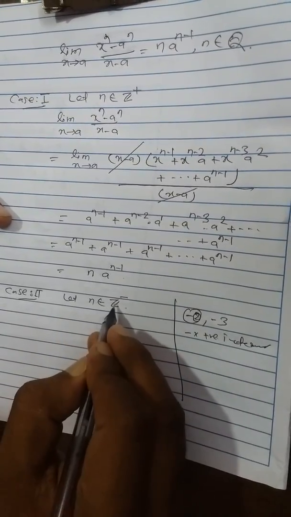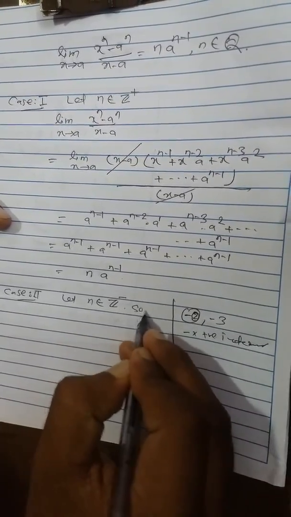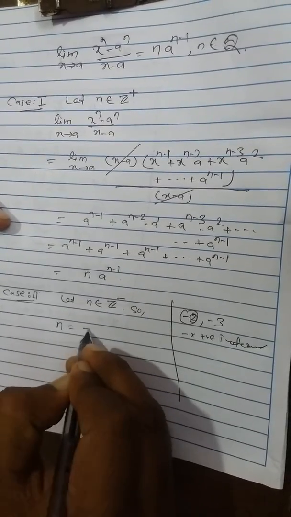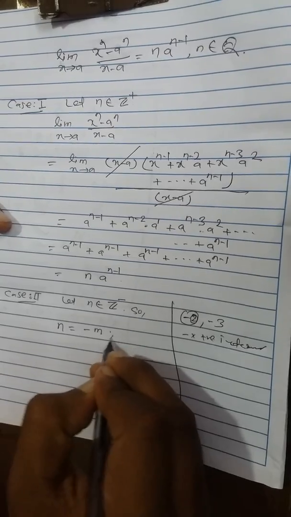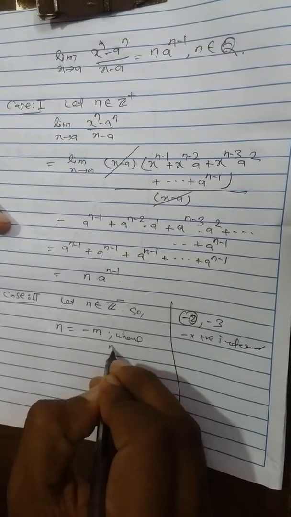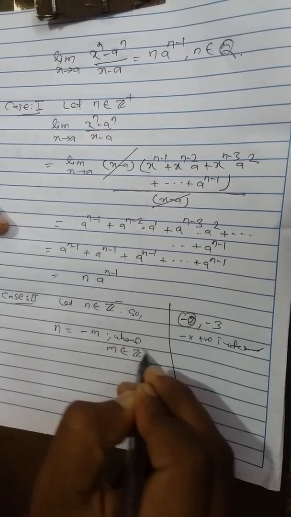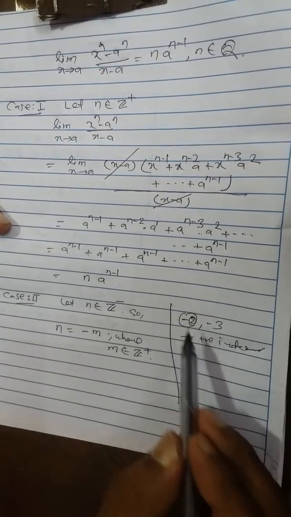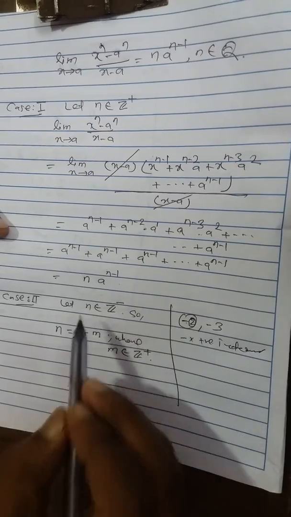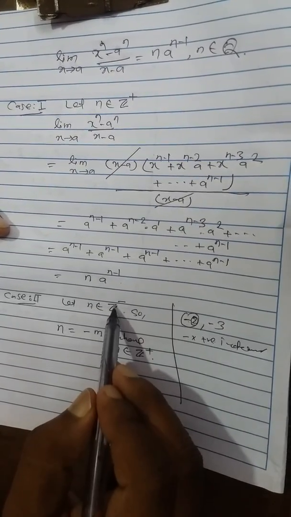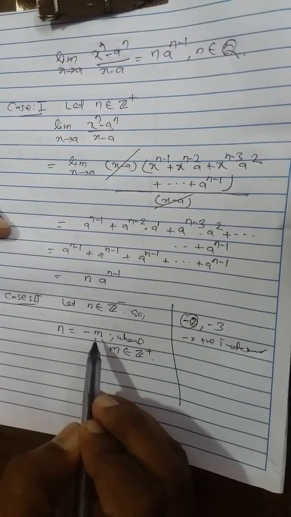Here n is also a negative integer, so n can also be written as minus multiplied by a positive integer. Suppose that positive integer is m, where m is a positive integer. So n can be written as minus m.